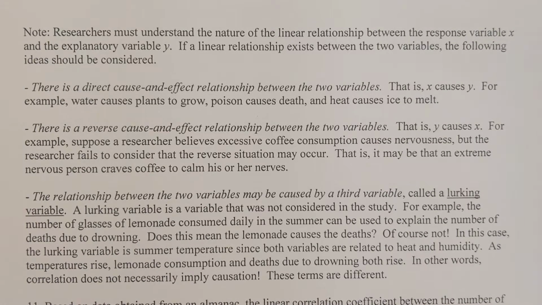For example, a researcher believes excessive coffee consumption causes nervousness, but the researcher fails to consider the reverse situation that may occur. That is, it may be an extremely nervous person craves coffee to calm his or her nerves. That could happen, right? So y could cause x to happen.